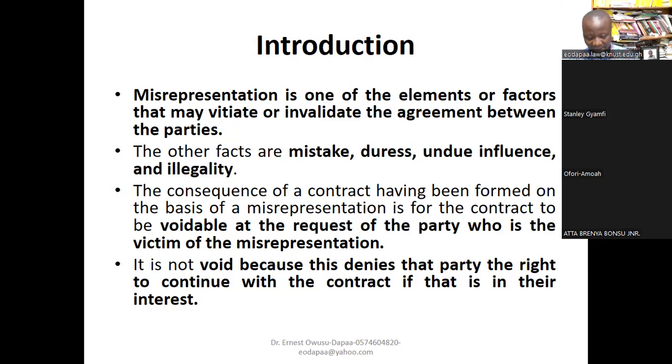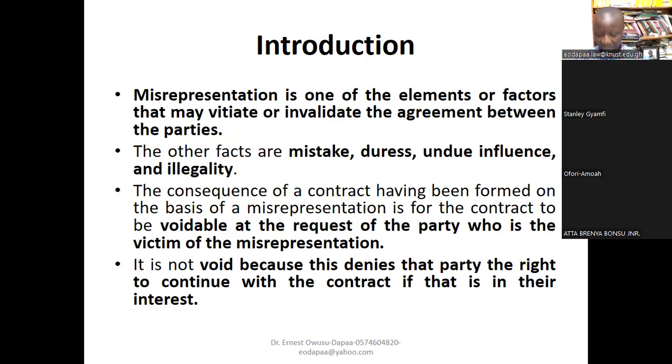So let's keep that in mind. And that is why we also add that where you've actually established misrepresentation, it does not render the contract void. Again, it does not render the contract void. The reason being that it just denies that party the right to continue the contract if that is in that party's interest.